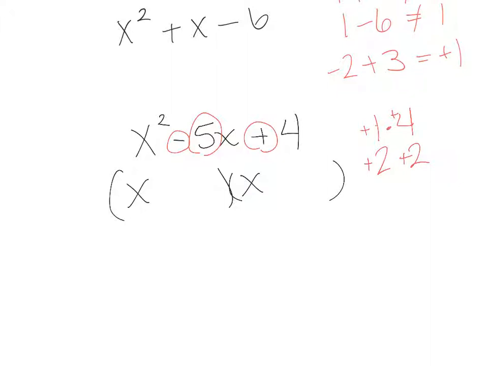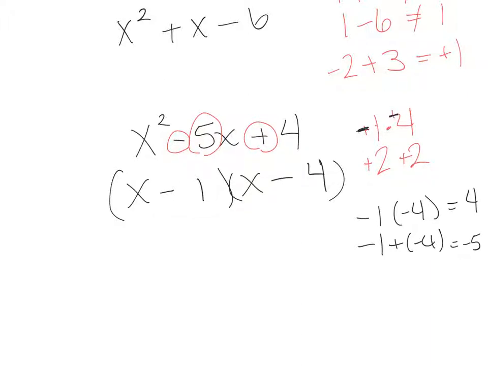However, if I were to write this as negative 1 multiplied by negative 4, that gives me that positive 4, and negative 1 plus that negative 4, or in other words, negative 1 minus 4, does give me my negative 5. So I know what my factors are. It is going to be negative 1 and negative 4. You can always check these.